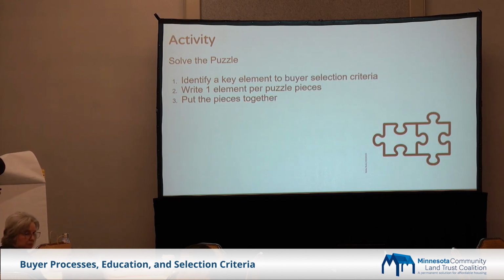Who wants to start? Yeah. So the proximity or residency, credit score. Nice. And then what else? It's okay if you already heard it. Just what else do you have?